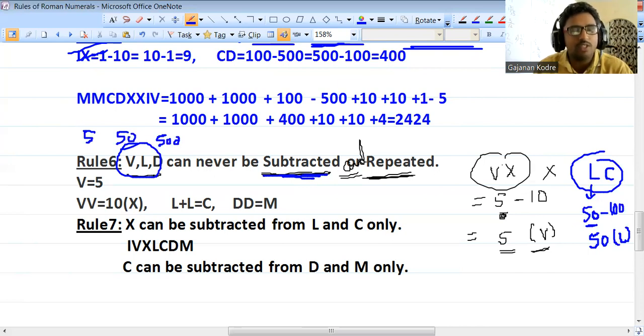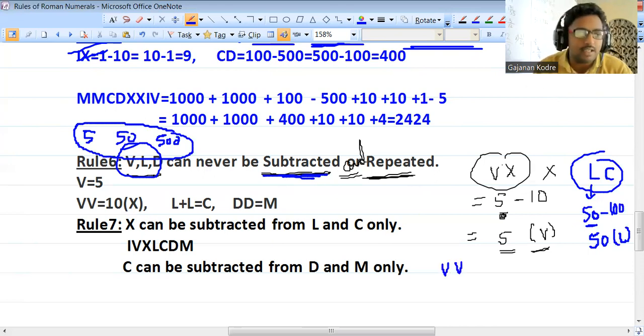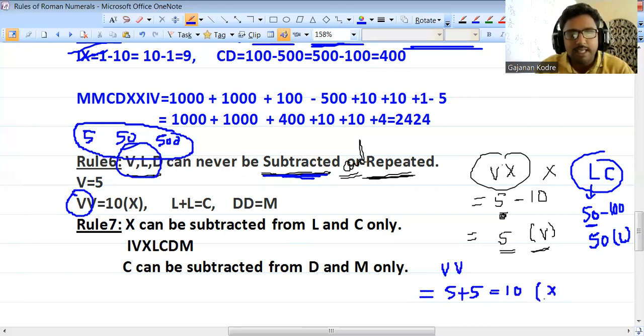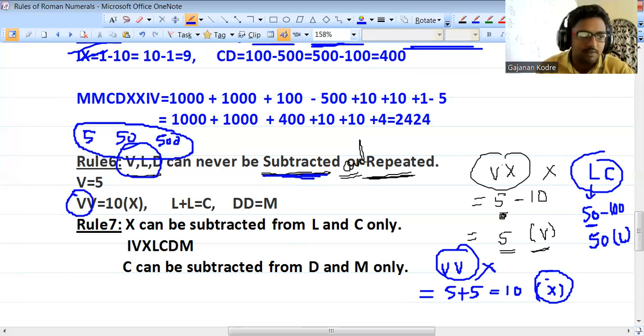Always remember that these numbers with 5 — 5, 50 and 500 — we do not subtract, and we do not even repeat them. How do we not repeat? Let's say I have written VV, that is V plus V. V means 5 and V means 5. Both numbers are the same, so we add them, and 5 plus 5 will become 10. For 10 we already have a symbol, that is X. So we will not write VV. This is the reason VV cannot be repeated.